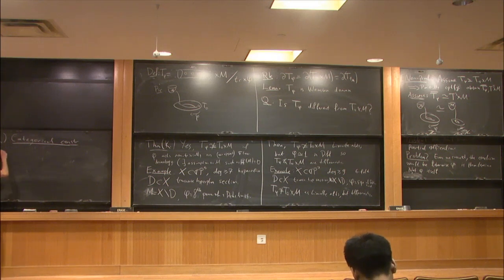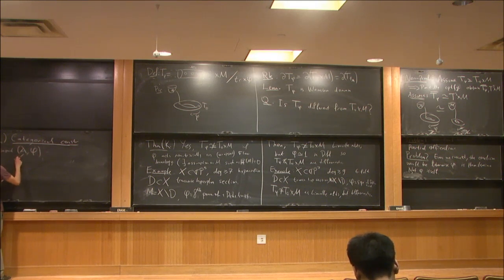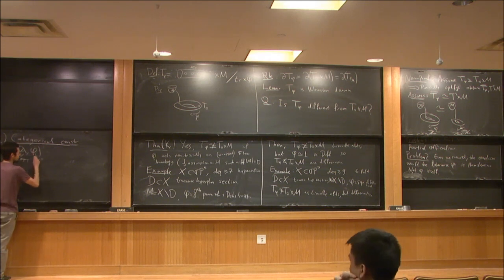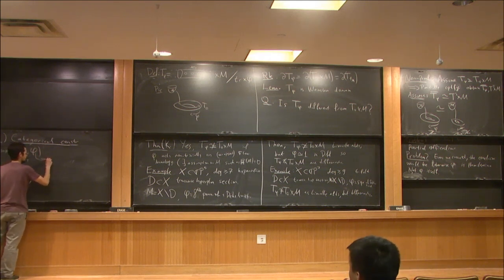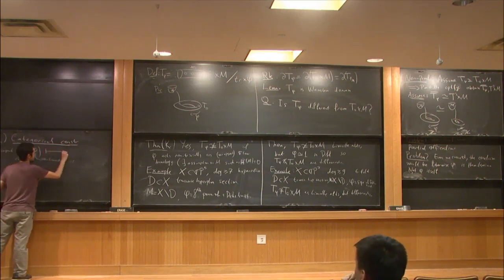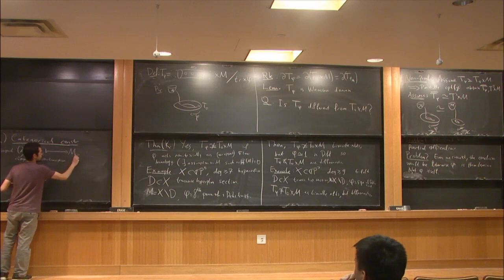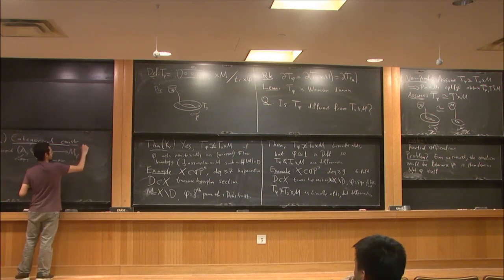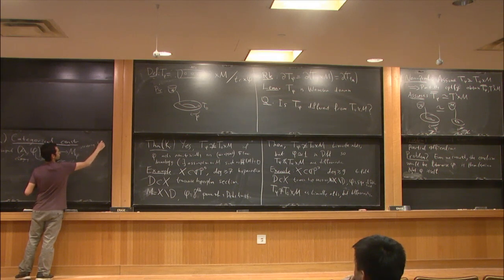So the input is a category, an A infinity category over C actually, and an automorphism, an autoequivalence of the category. And this outputs another category that I call mapping torus category or categorical mapping torus.